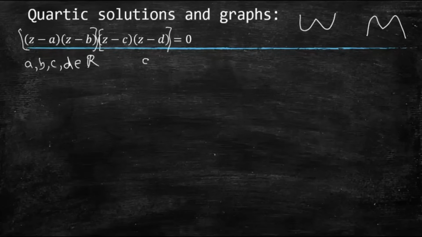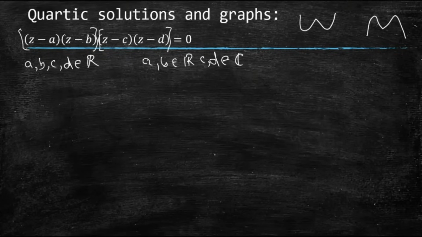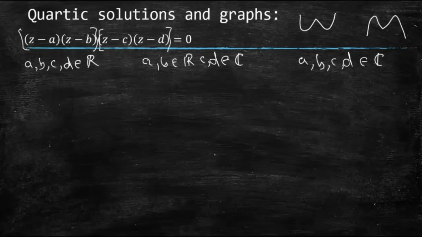So you can have two real from the first quadratic and two complex from the second quadratic, or you can have all of them complex. Okay, as I said, you cannot have one real and three complex. I cannot have A real and B, C, D complex, because I need to have complex roots in pairs.